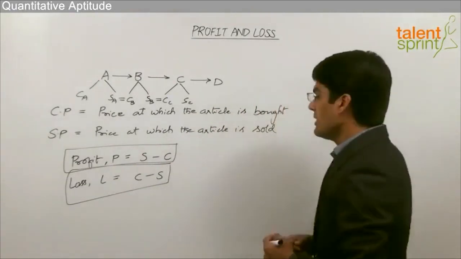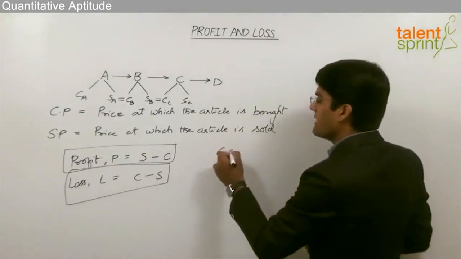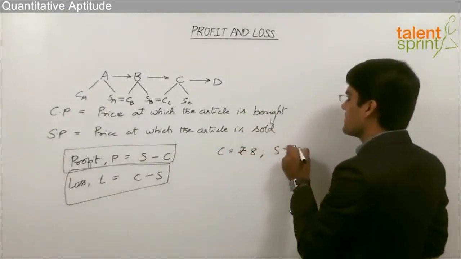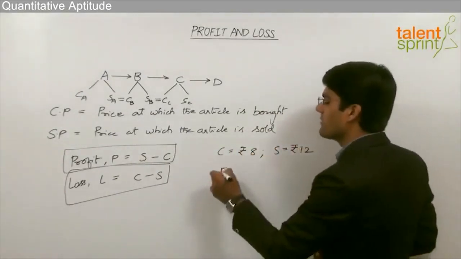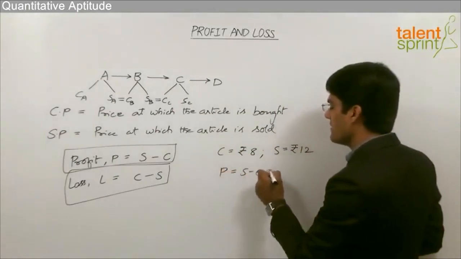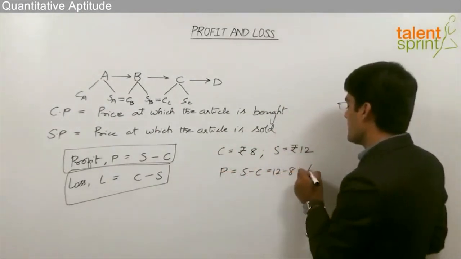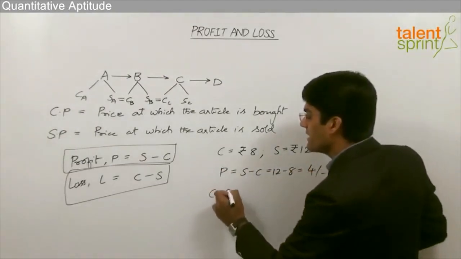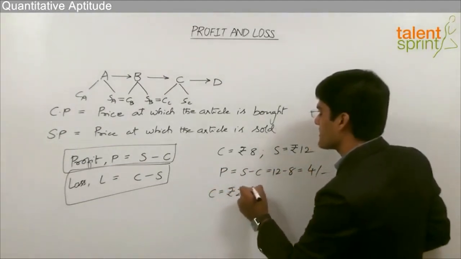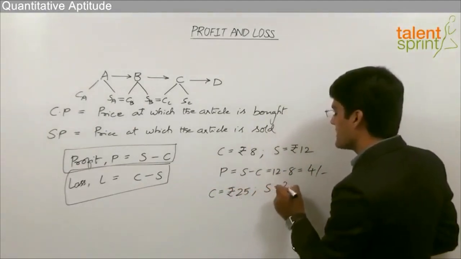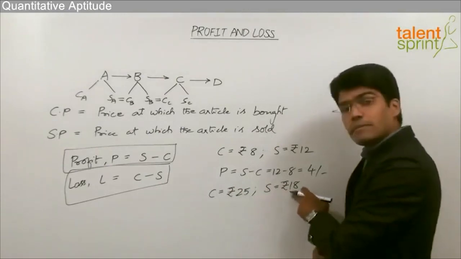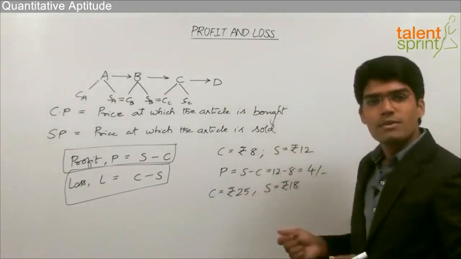So for example, let's say that cost price of a pen is 8 rupees and the selling price of the same pen is 12 rupees. So we can say that the profit made, that is S minus C, will be equal to 12 minus 8, that is 4 rupees. Similarly, if the cost price of an article is 25 rupees and the selling price, let's say, is 18 rupees, then in this case, since the selling price is less than the cost price, it is going to be a loss.